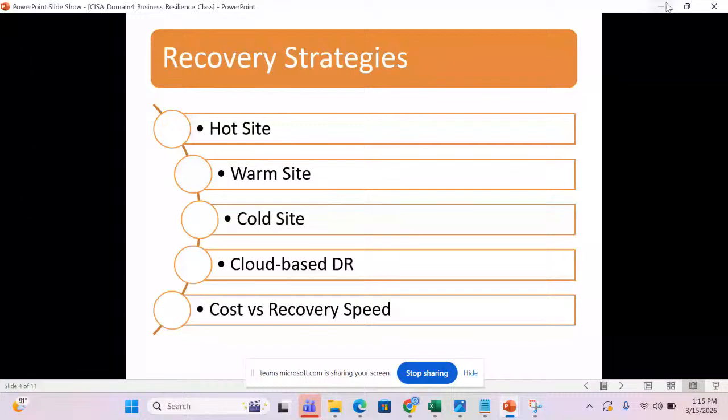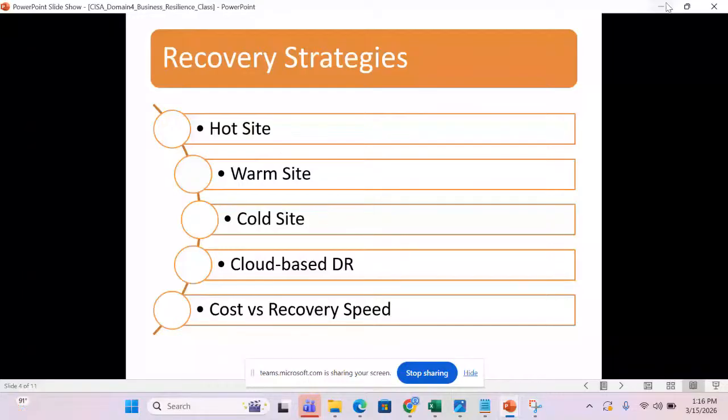When we say offsite, it means that we are storing it in an environment that's not within the premises of the organization. Any organization that is storing their data inside the same environment is at a very big risk, and when an auditor comes, they pick it up as an exception.